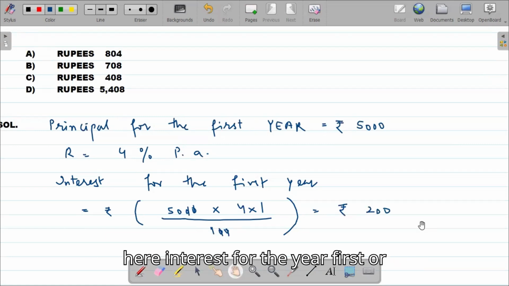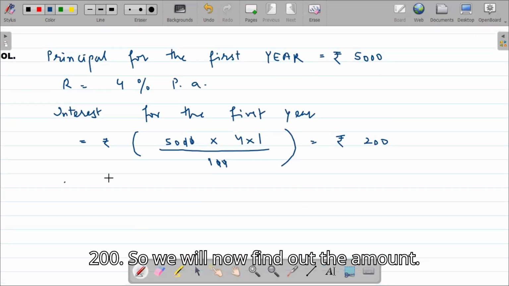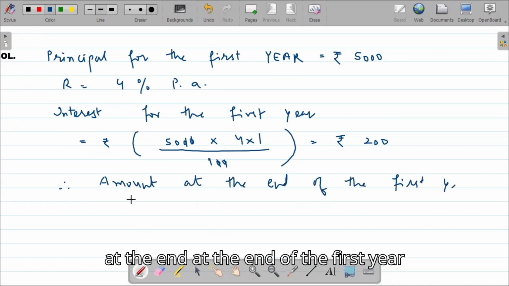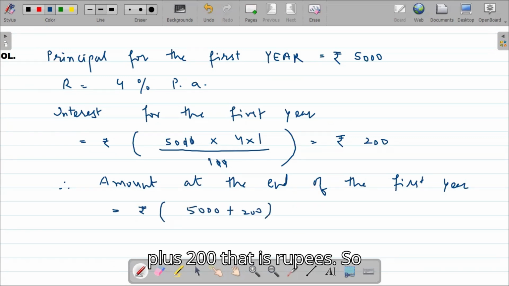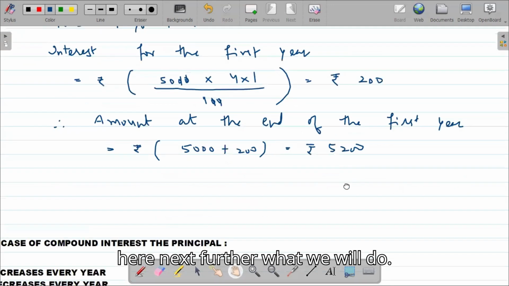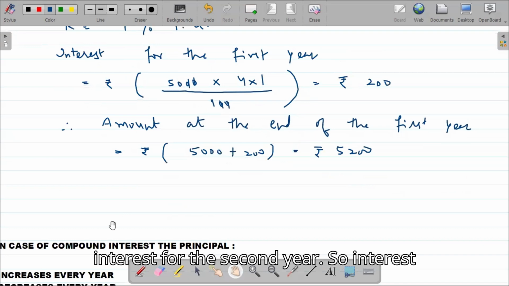So the interest for the first year is rupees 200. So we will now find out the amount. Therefore the amount at the end of the first year would be 5,000 plus 200, that is rupees 5,200. So next, we will find out the interest for the second year.